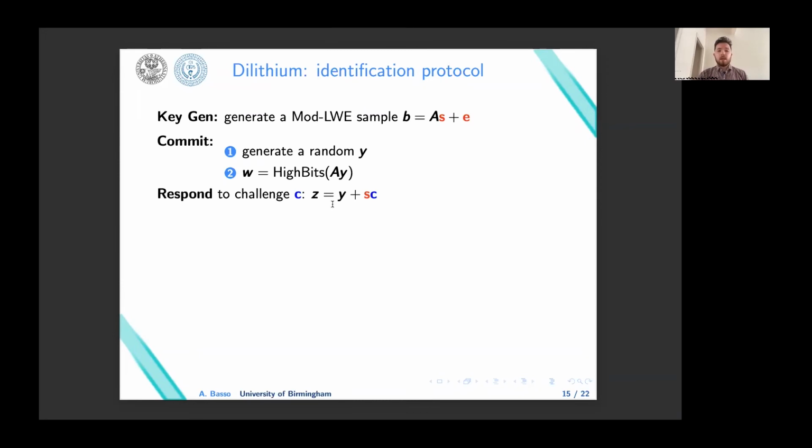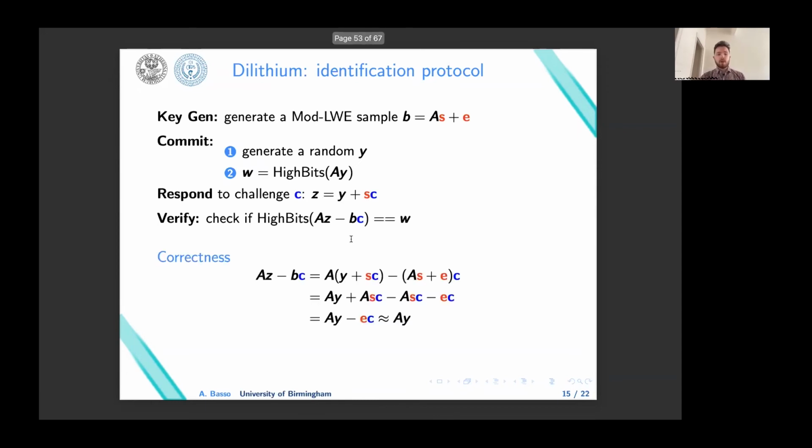And then Bob sends a challenge C, and Alice can respond to this with the vector Z, equal to Y plus S, the secret, times C. And to check that the response is correct, Bob can simply check that W, the value that was committed, is exactly the high bits of this value here.